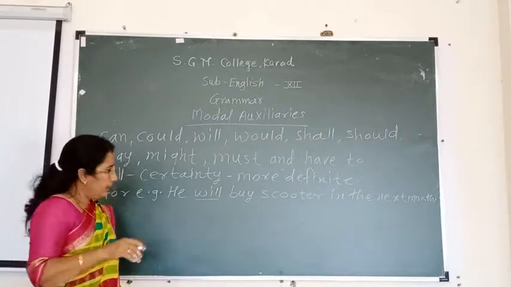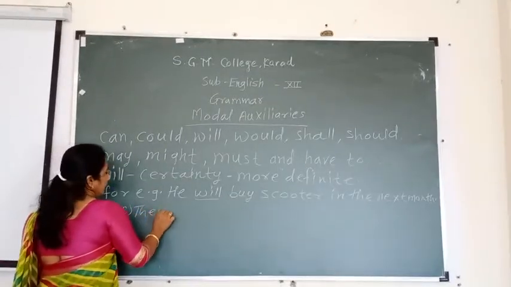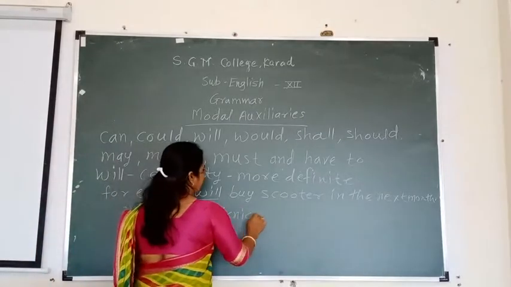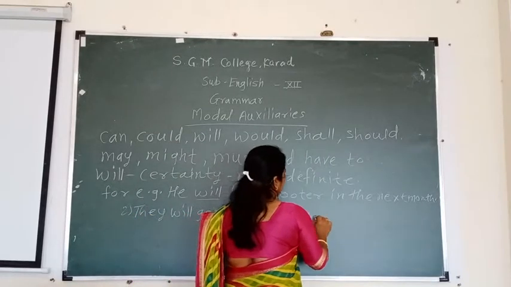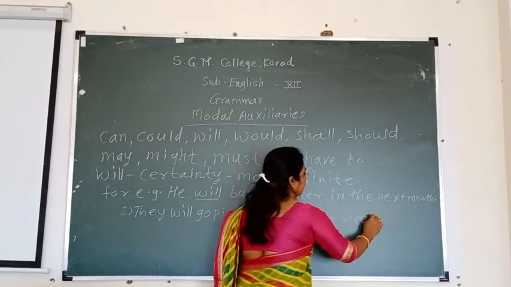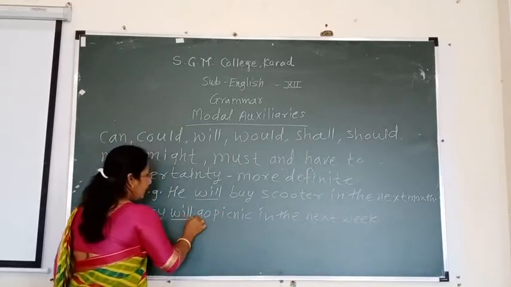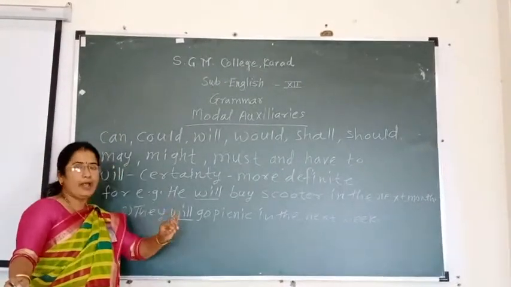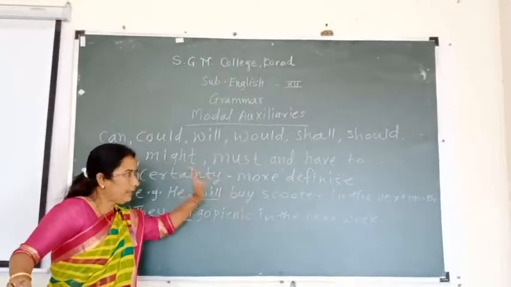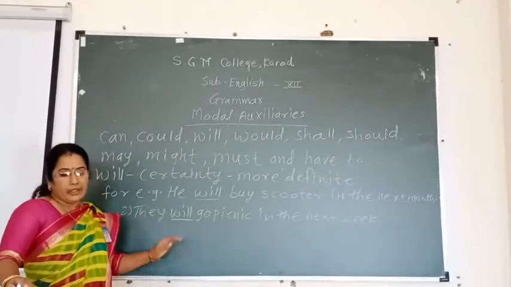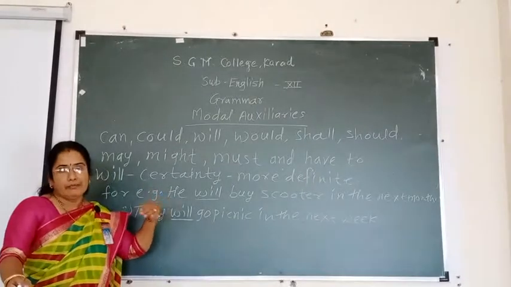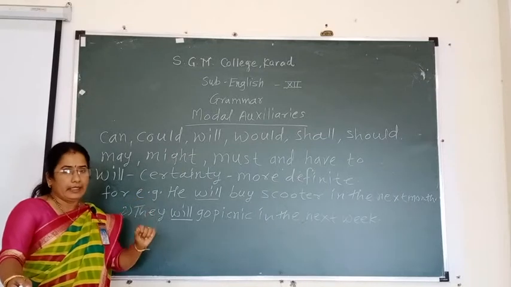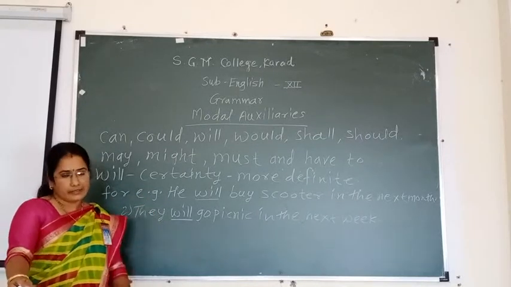Next example, they will go on a picnic in the next week. Here, will shows certainty that these people will surely go on a picnic next week. Maybe, sometimes, instructions are given in the bracket as follows.